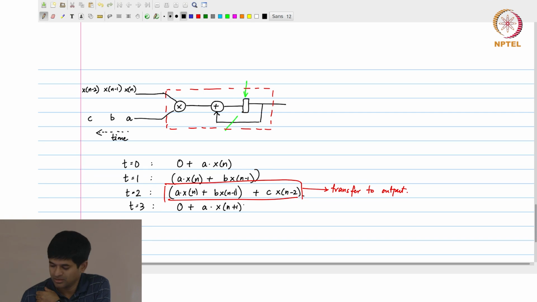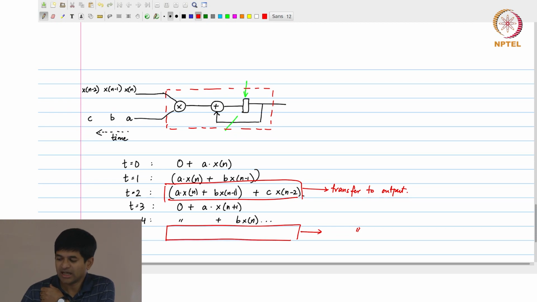At t equal to 4, I will do that plus b x of n, etc. So in other words, once in every 3 clock cycles, I will get an output.